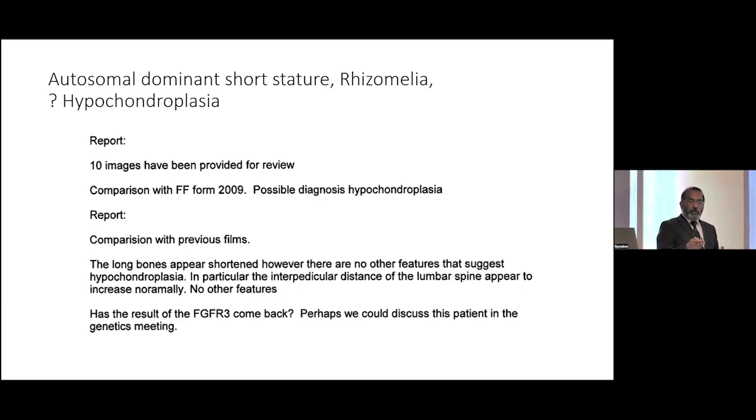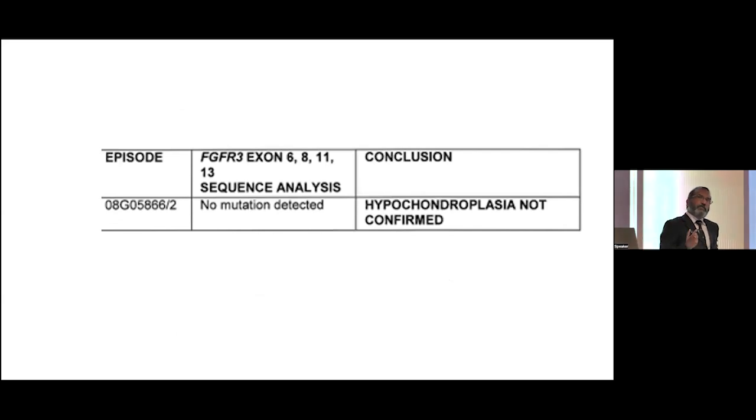One of the other features is that the interpedicular distance of the lumbar spine would be narrow, so the distance between the pedicles looks like this. He didn't have that, and there were no other skeletal features of hypochondroplasia. Then we did a genetic test, which was available at that time, looking for specific mutations in the FGFR3 gene. And the result came back saying hypochondroplasia is not confirmed.